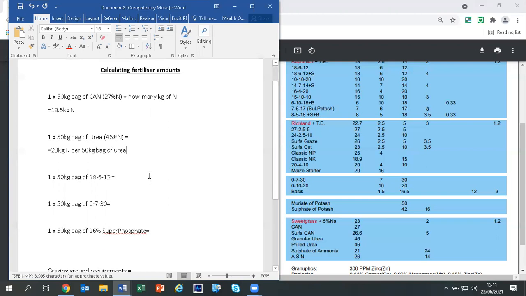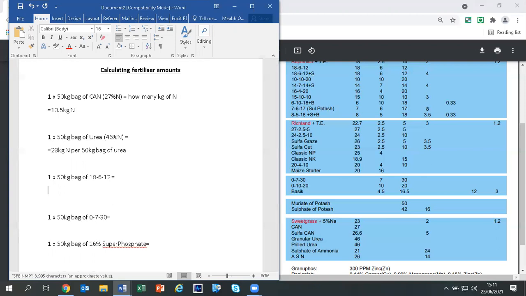The same applies when we look at our compounds. So we have a 50 kilo bag of 18-6-12, and all we have to do is divide each of those percentages by 2. So 18 divided by 2, first of all, is 9. So we have 9 kilograms of N.